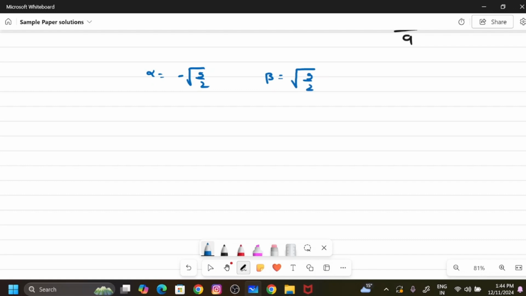We know that when we have zeros alpha and beta, we can write the polynomial as x square minus (alpha plus beta) into x plus alpha beta. This can be any multiple of this, so you can just add a constant k. Okay, so first find alpha plus beta.